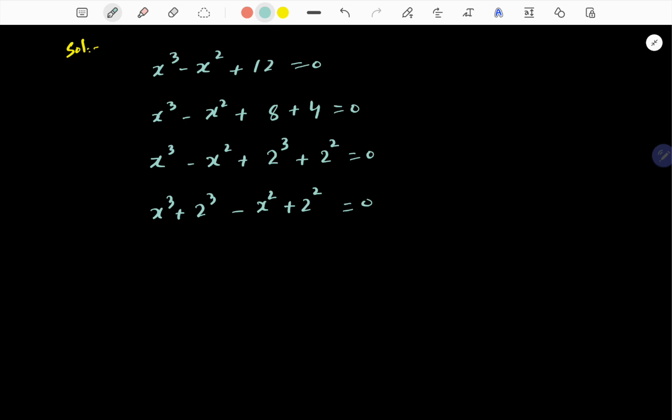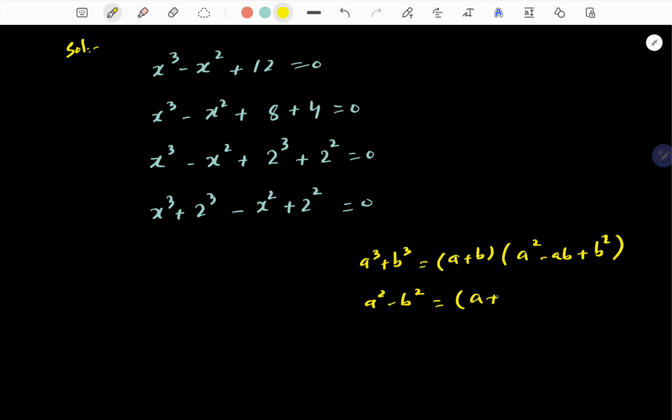So we have a very famous identity: a cube plus b cube is equal to a plus b into a square minus ab plus b square. And the other famous identity is a square minus b square, which gives a plus b into a minus b.